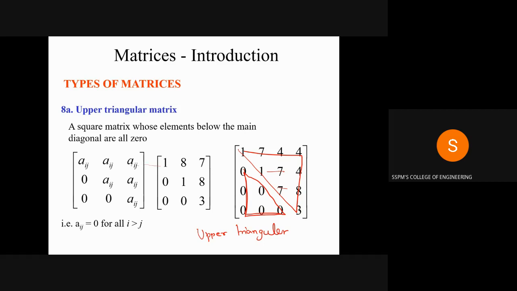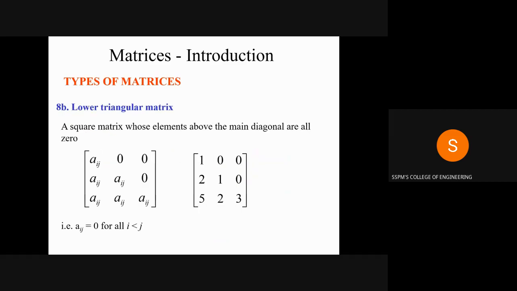See here the definition: a square matrix whose elements below the main diagonal are all zero. So this is your main diagonal and all the entries below this diagonal are zero. We can say that the matrix is upper triangular. Next is the lower triangular matrix. The same way we can identify this. The definition: a square matrix whose elements above the main diagonal are all zero.